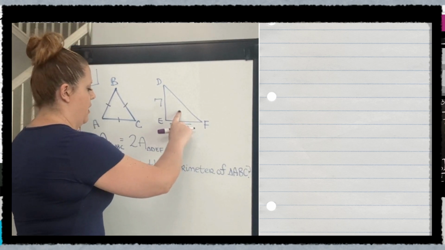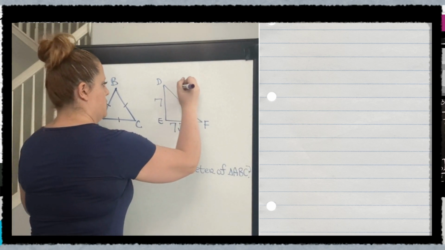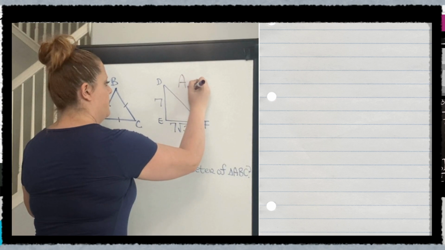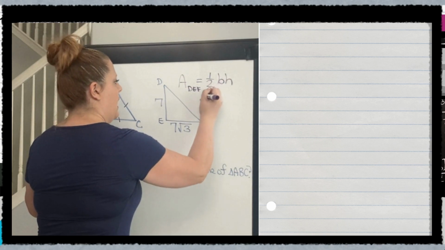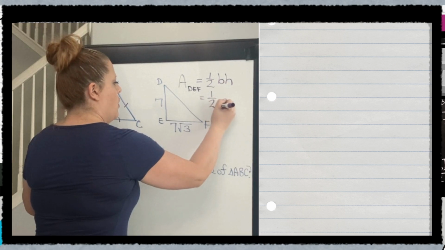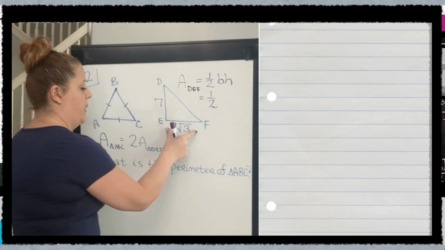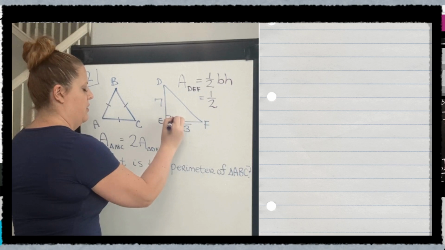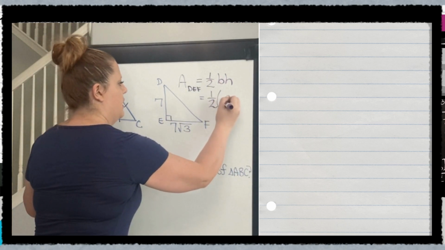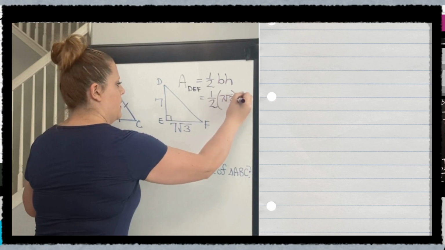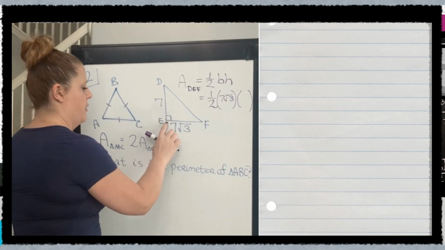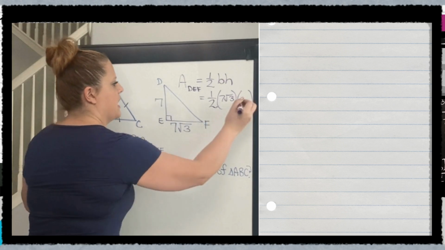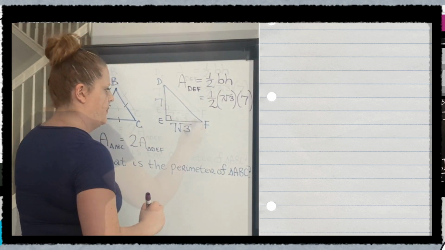We're going to find the area of DEF first. So the area of DEF is 1/2 base times height. Our base is right here, the 7 square root of 3. And our height, from the perpendicular angle up to the vertex, is 7.